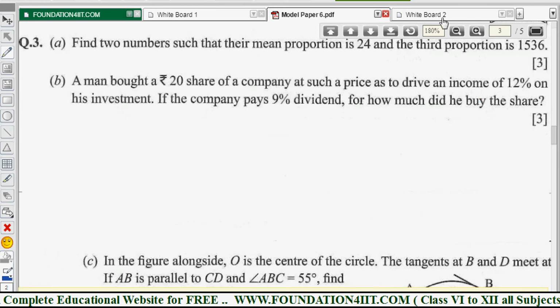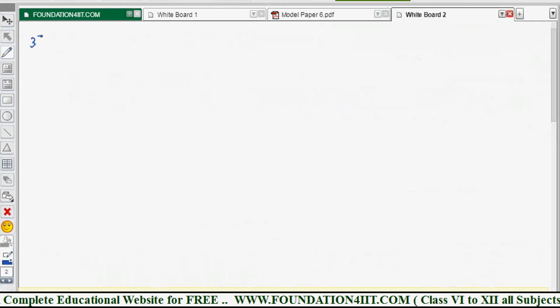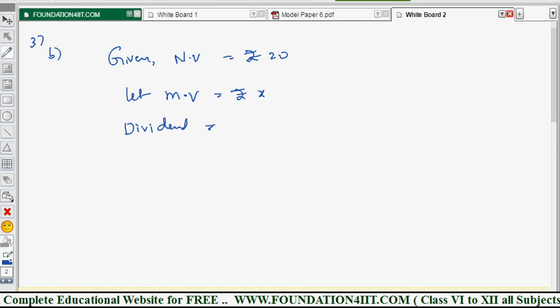Now let's take this data. If you observe, nominal value is given. Nominal value is equals to rupees 20 per share. And the market value we only need to find out, that is rupees x, and dividend is given. So dividend is equals to 9%. If you know the dividend, you can find out the income from one share.